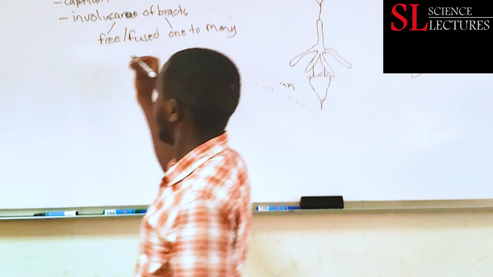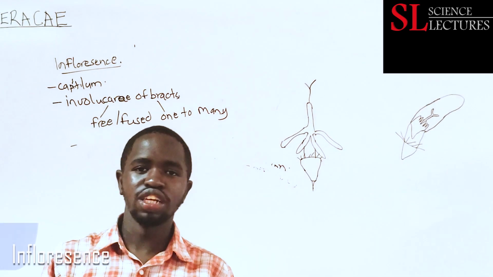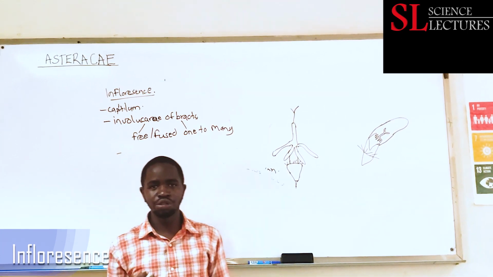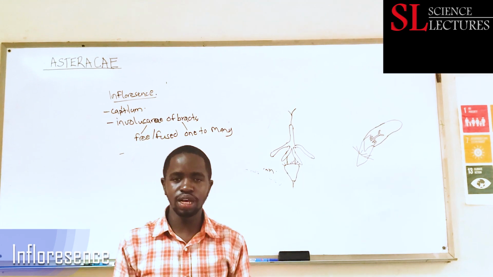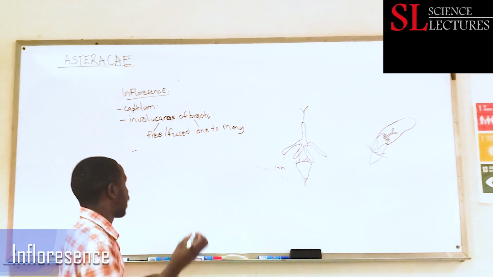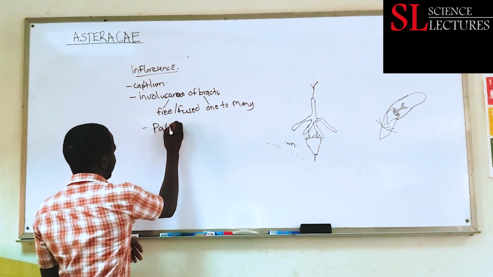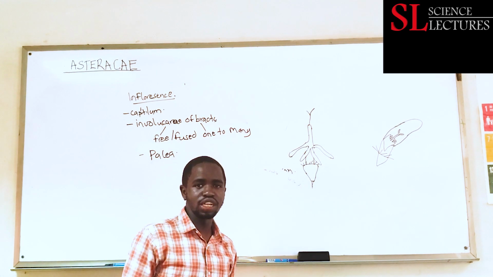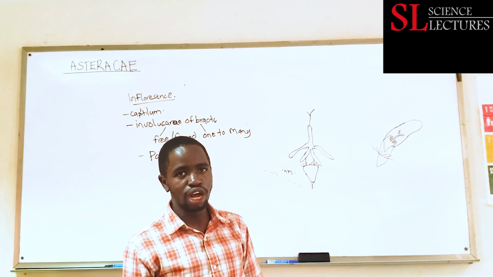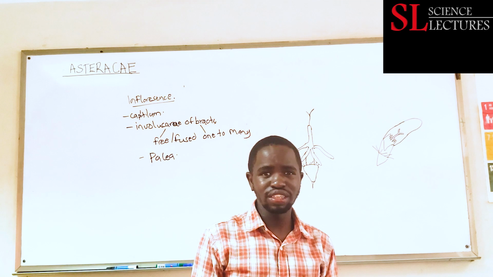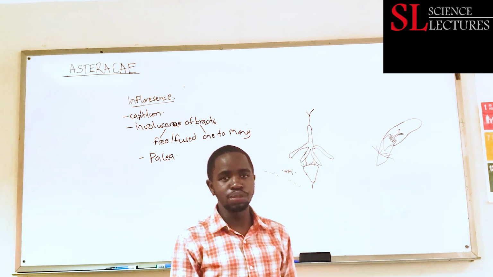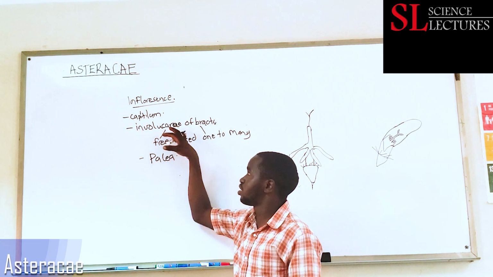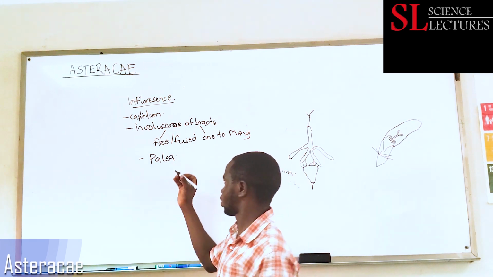However, the bracts not only subtend the inflorescence; even the individual flowers tend to have their own bracts, and the bracts that subtend the flowers are called the palea. So each individual flower is subtended by a bract called a palea. In some cases the bract might be present or absent on the individual flowers, but the inflorescence has an involucre of bracts.